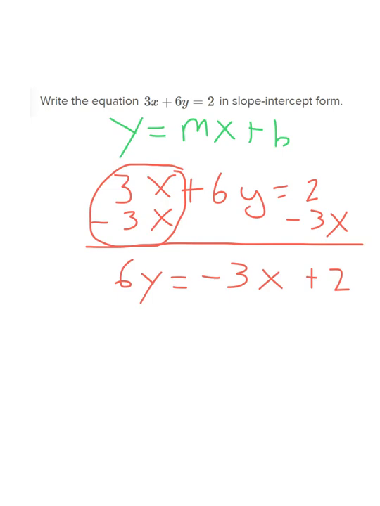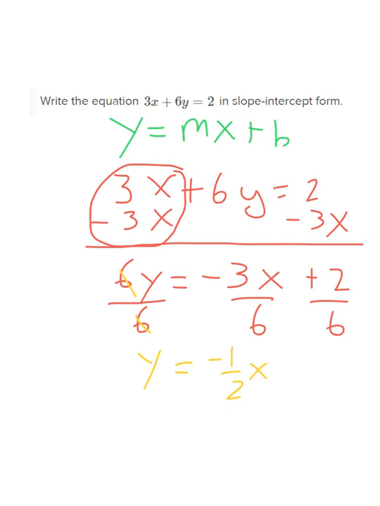There's one more thing we need to do. We need to divide everything by 6. So what do we get here? We get 6 divided by 6, which is just 1. 1 times y is y. What do we get here? We get negative 3x divided by 6, which is negative 1/2 x after reducing.